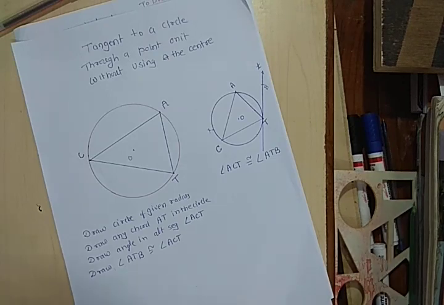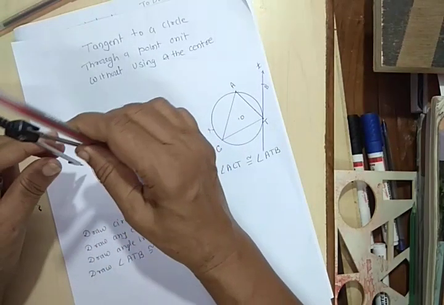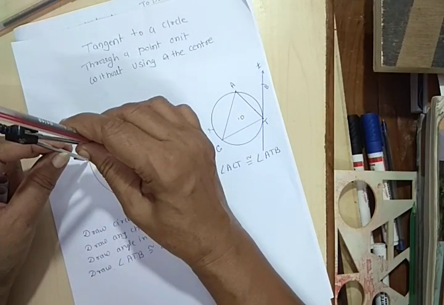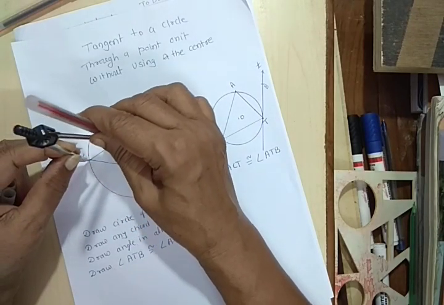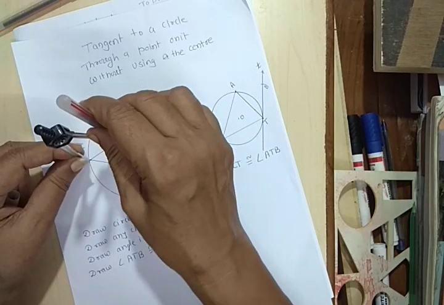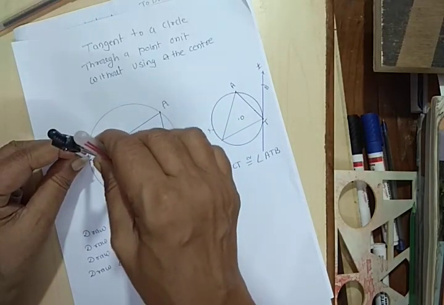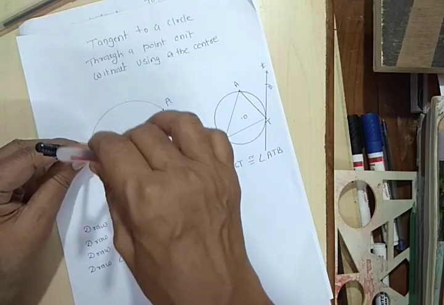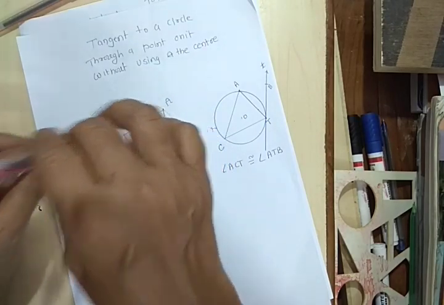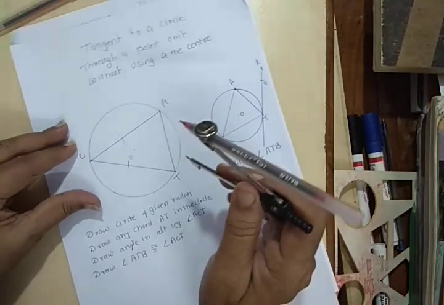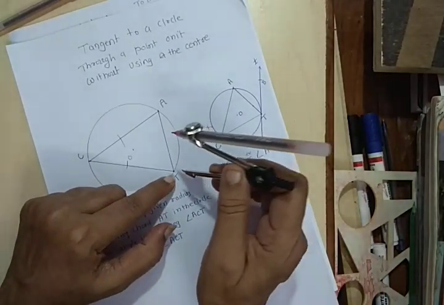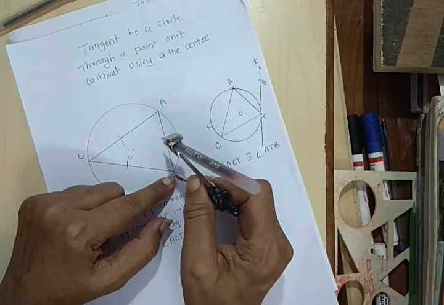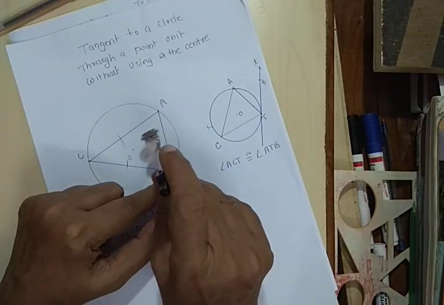That will give you the tangent. So here I am putting the pointer here and I mark equal arcs on this. Yesterday we learned how to draw the congruent angle. Keeping the same distance, I want to draw a tangent at point T. Therefore, I will put my pointer at T, the vertex.